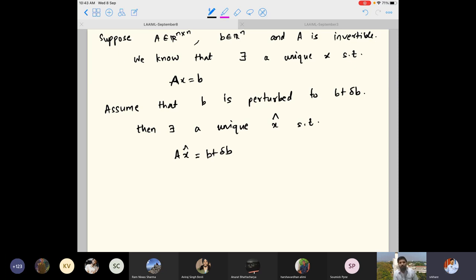Why can I say this? I can say this because A is an invertible matrix, right? I have started with this condition that the matrix A is invertible. So if A is invertible, then this is allowed.